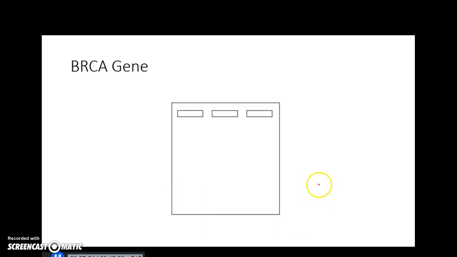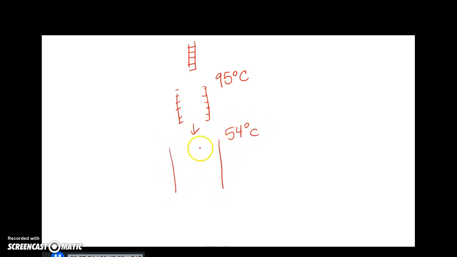So let me just write that out again. Okay, so we're going to go about 95 degrees Celsius. That's going to pull us apart. Okay, then we're going to cool down. Then at that temperature, our primers are going to stick, right?